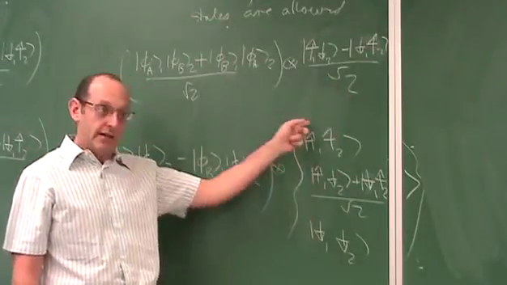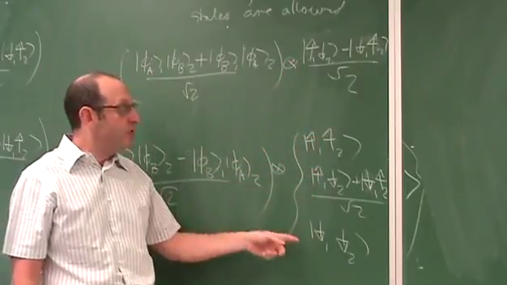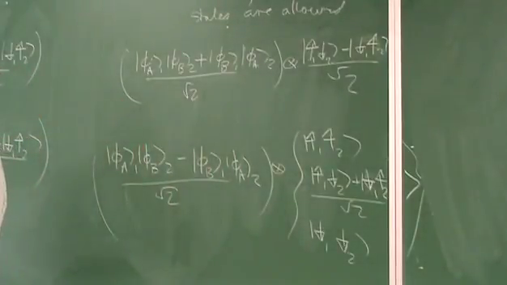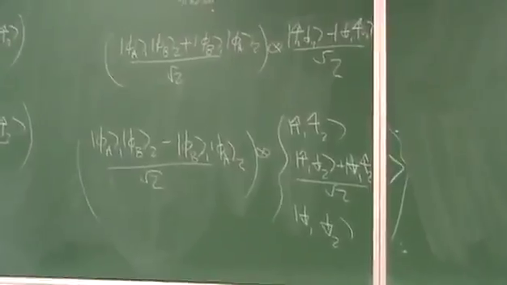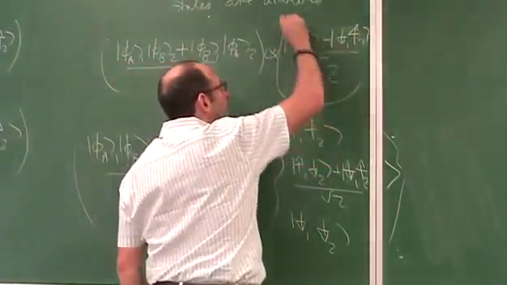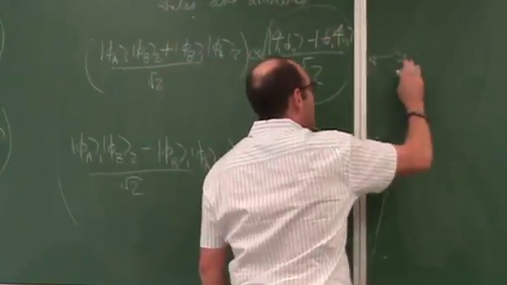And what we notice here, and what we remember, is that the symmetric and antisymmetric spin states, for the case of two electrons, for the case of two spin 1/2 particles, are also the states of total angular momentum of the two spins. So we see here this particular single spin state is what we call the spin singlet.